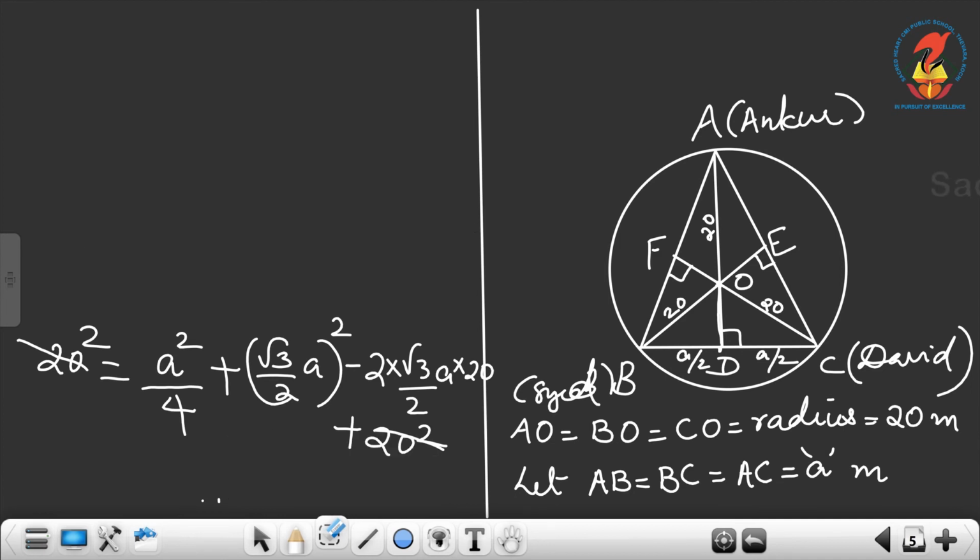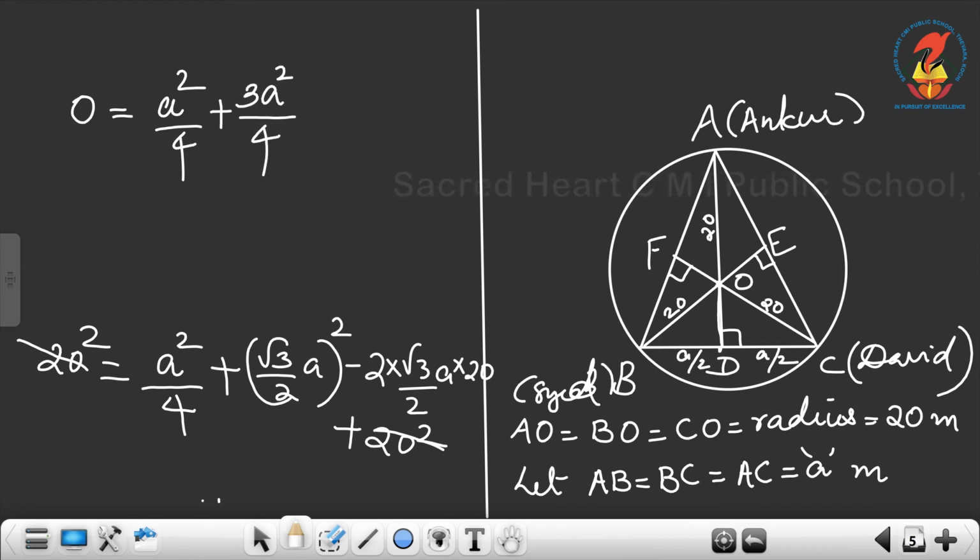So we are getting it as 0 is equal to a square by 4 plus 3a square by 4 minus 20 root 3a. So what we can do here is 4a square by 4.